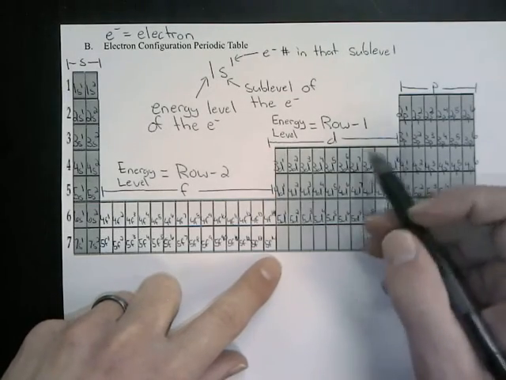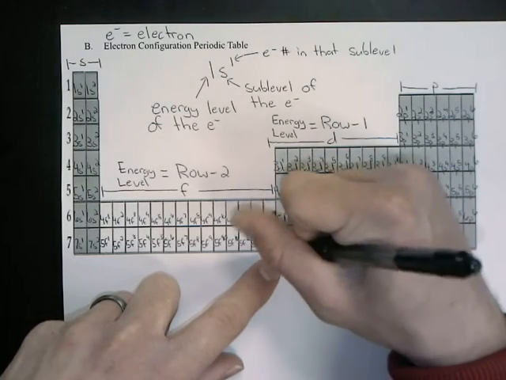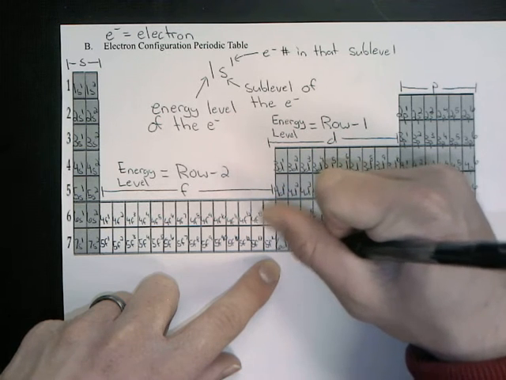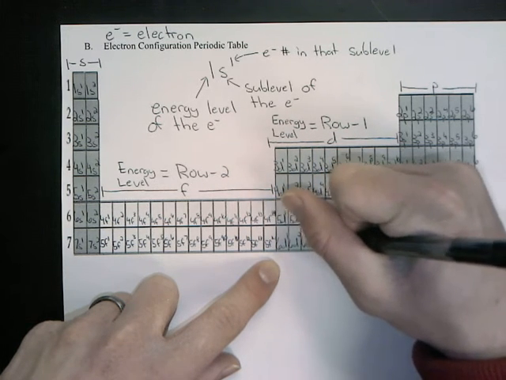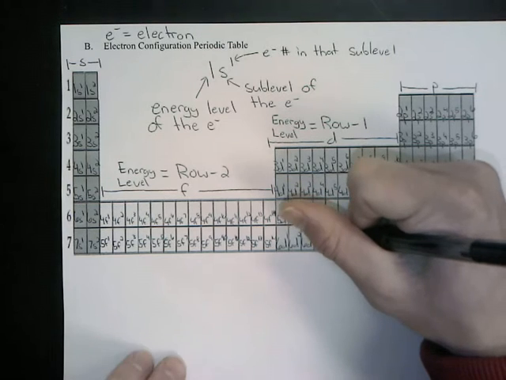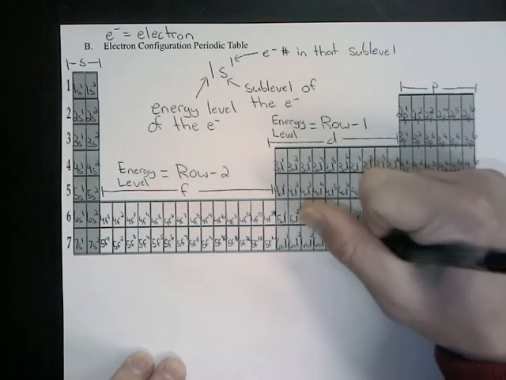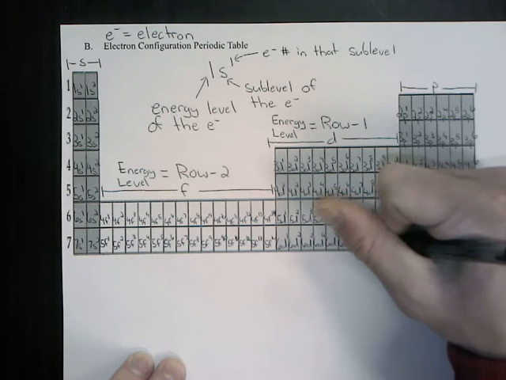Our energy level for our D is row minus 1, so this would be 6D1 all the way to 6D10.